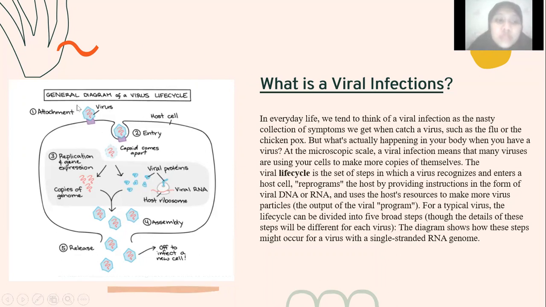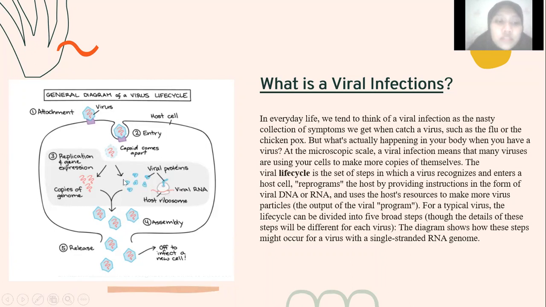The first is attachment. The virus recognizes and binds to a host cell via a receptor molecule on the cell surface. The second is entry. The virus or its genetic material enters the cell. The third is replication and gene expression.